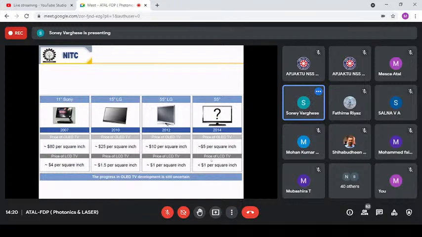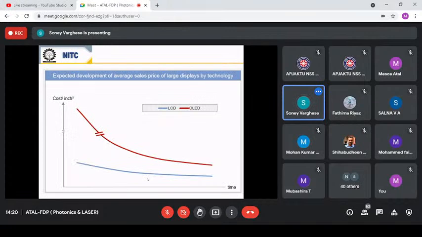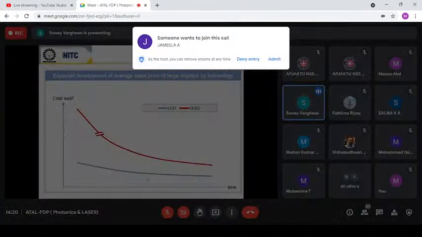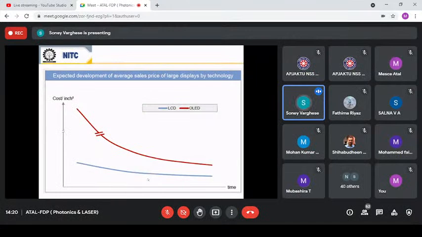So I think the cost is also reducing considerably, right? And there is a competition between OLED-based display devices and LCD-based display devices. Even though OLED-based display devices can give you better images, cost-wise they were on the higher side, right?